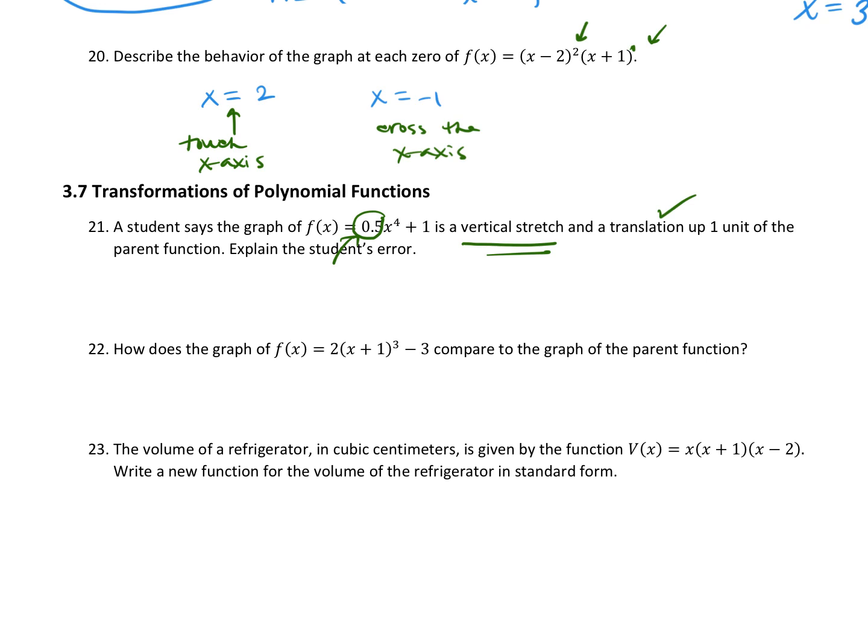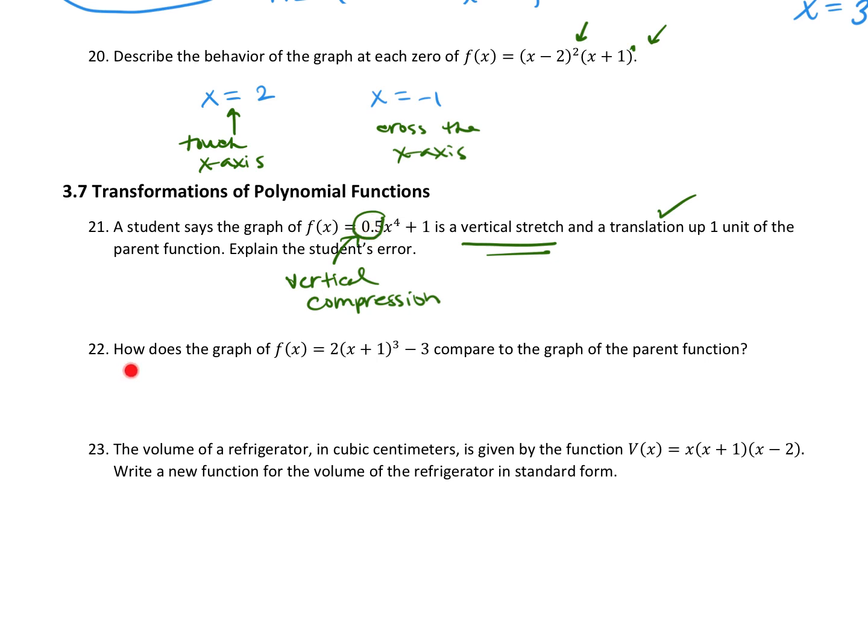If it's between 0 and 1, and 0.5 is between 0 and 1, it actually is going to be a vertical compression. Vertical compressions would widen the graph. Vertical stretches will narrow the graph, just so we have a visual of what's happening, but that number would have to be greater than 1 for it to be a stretch.